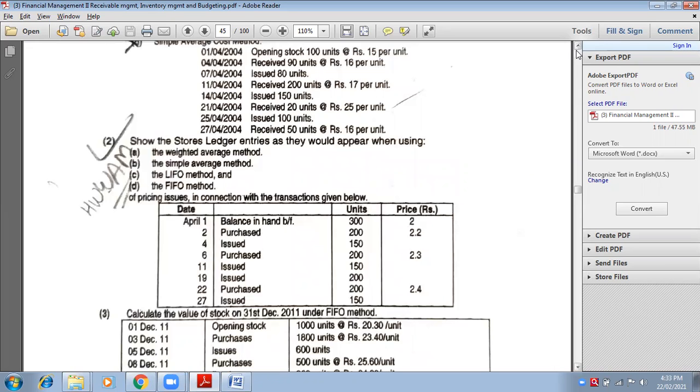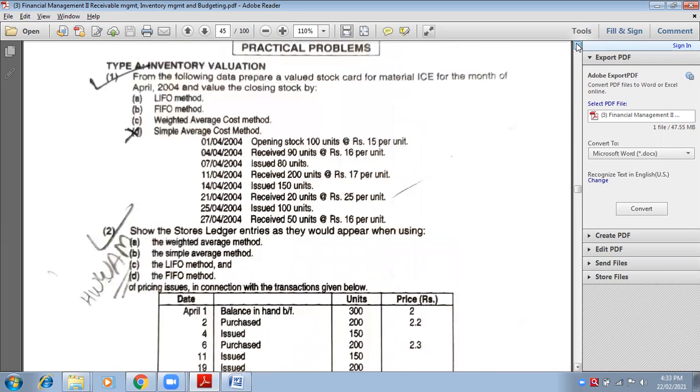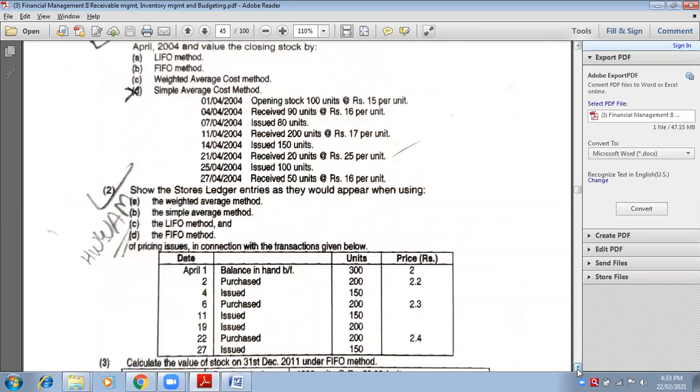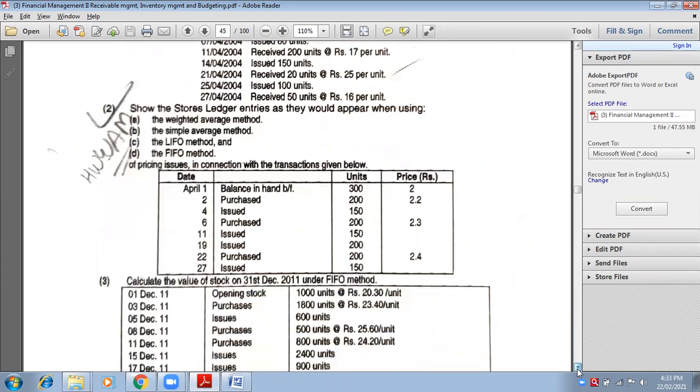You can take down sum number 1 also as homework. So 1 and 2, both with the FIFO method. No, no, not the first sum again: 50 and 16, 100 into 15, 90 and 16, 80. Same values. So don't do the first sum. How many times have they repeated? Oh my God. Okay.